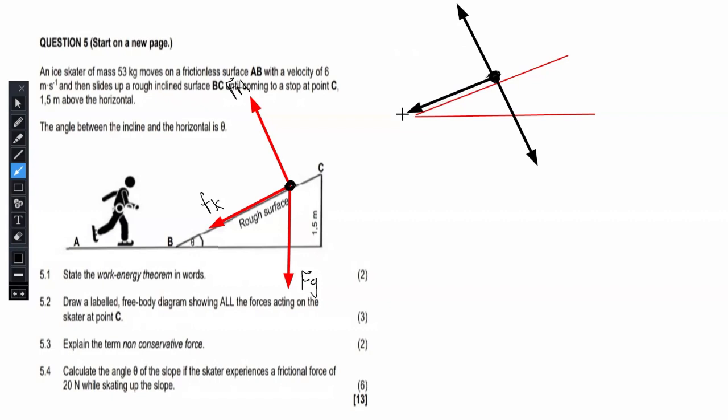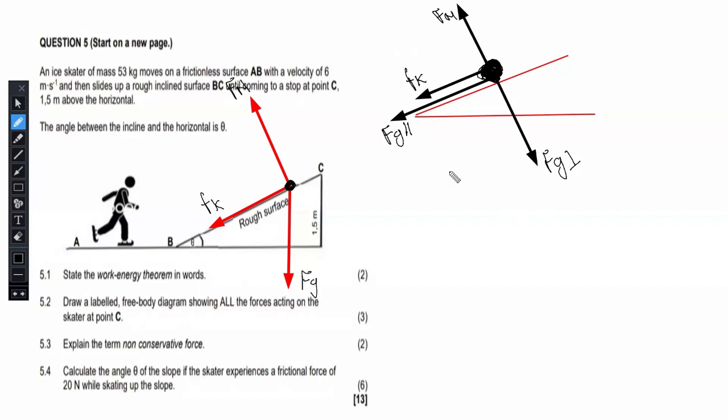And then sliding down the incline will be your FG parallel, and also the kinetic frictional force. So you need to make this circle bigger, or this dot bigger. And then there you go. So indicate FG perpendicular, FG parallel, FK, and then the normal force.